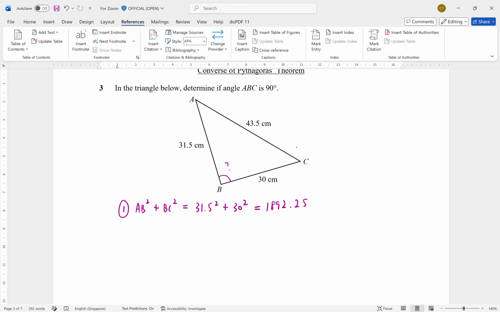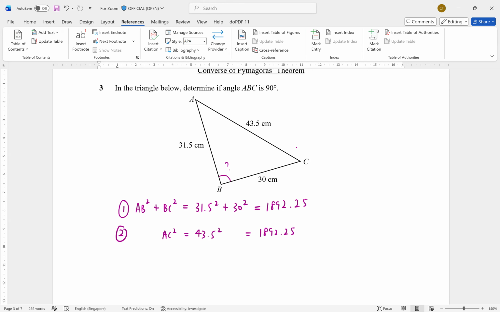Then in a separate line, this one must be in a separate line, we're going to find AC squared, which is 43.5 squared. So we'll get 1892.25. Now these two are the same.